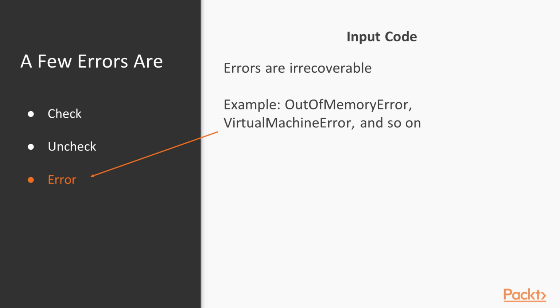Last but not the least, what we call errors, which are unrecoverable. You cannot do anything. I cannot give you an example for it right away because I would have to overload my system to give you certain kinds of errors, putting a huge load on my system. One of the most important ones is when you run out of memory, your RAM is full and your Java program cannot take more RAM utilization.